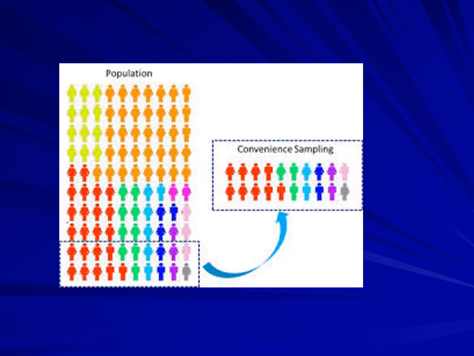Let's see the third type of non-probability or non-random sampling. The third type is convenience sampling. In convenience sampling, a sample is chosen conveniently without a conscious bias, and that sample may not be representative of the population under study.